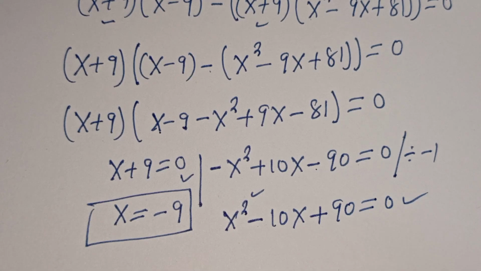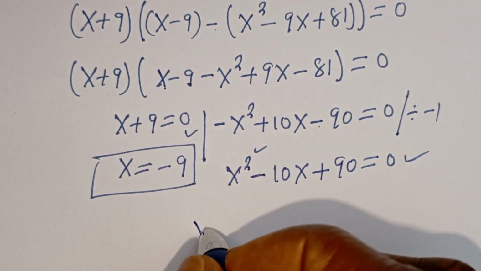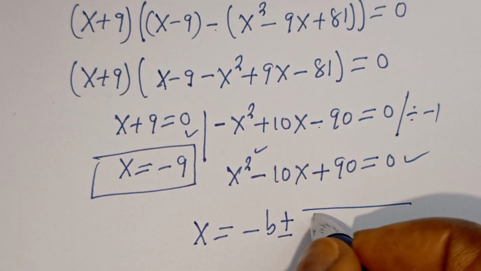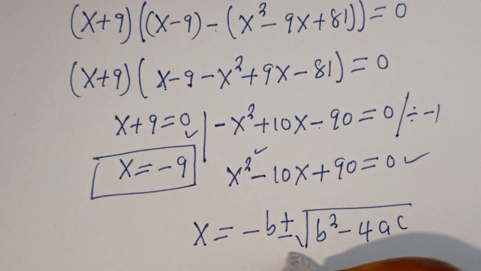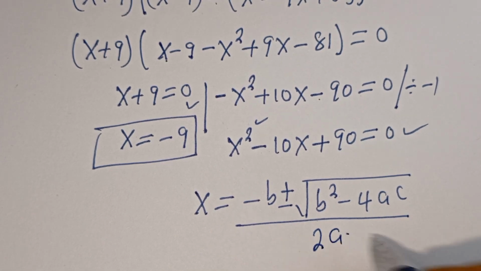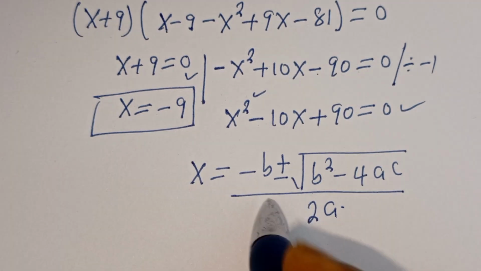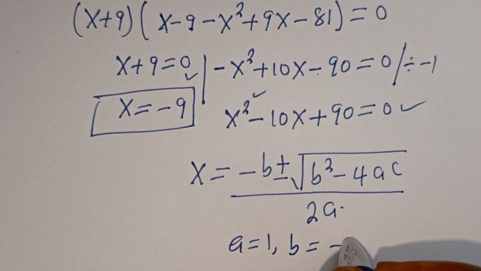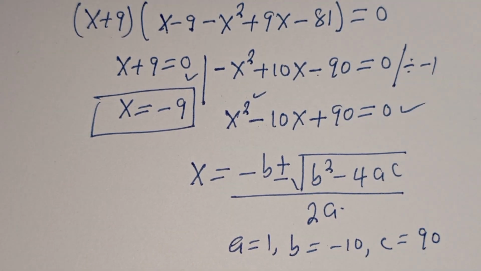This is a quadratic equation. Let's solve this using the quadratic general formula. You have x is equal to minus b plus or minus square root of b squared minus 4ac divided by 2a. And from this equation, a is equal to 1, b equal to minus 10, c equal to 90.